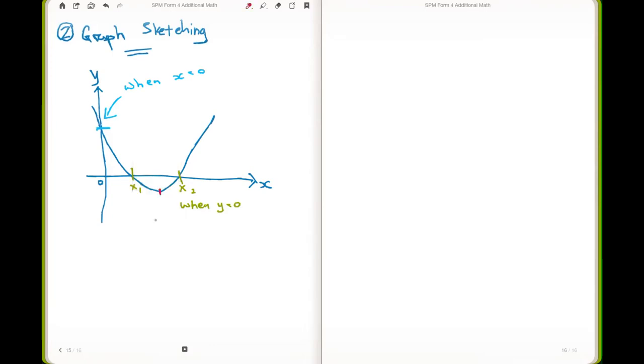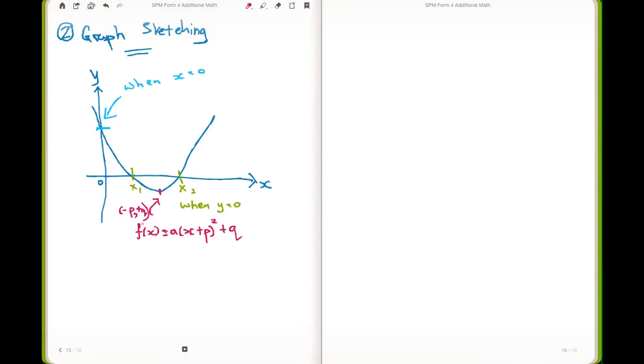This point, you're able to obtain from completing the square, whereby f(x) is equal to a(x plus p) squared plus q. If you manage to express in this form, therefore this point would be negative p, q, a coordinate.